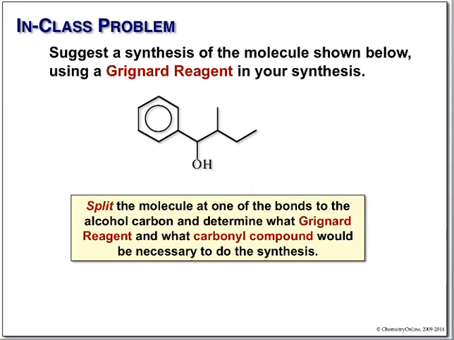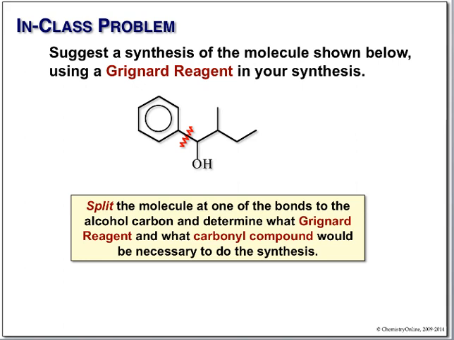We'll then look at what's on one side, come up with a Grignard reagent, look at the other side, and come up with a carbonyl compound. If we split here, that bond with the little red squiggle in it is the one we made in our reaction, isn't it?